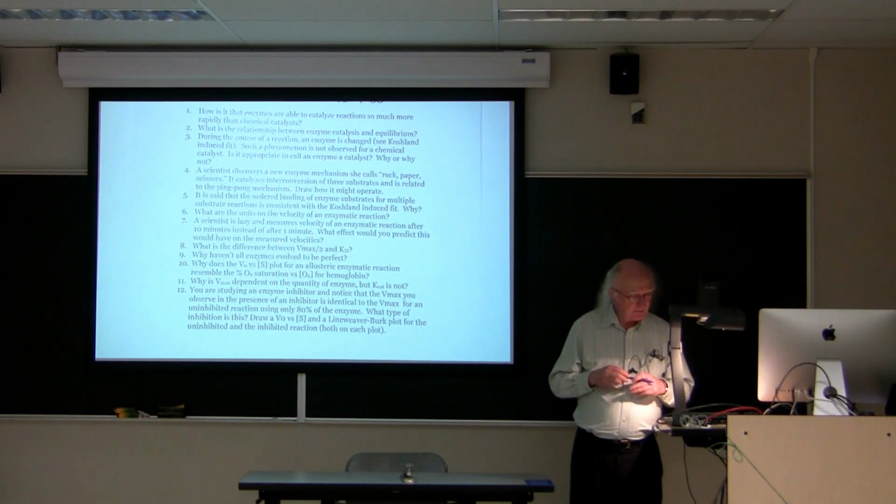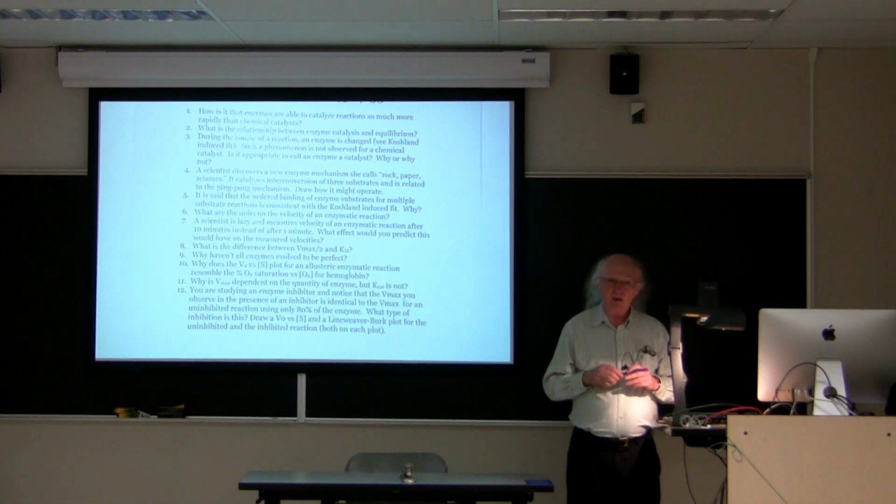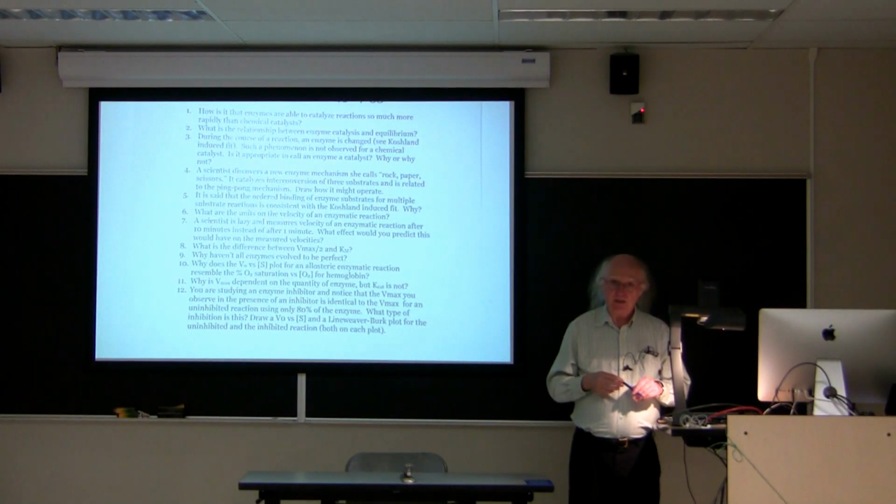Question number 9 says, why haven't all enzymes evolved to be perfect? Now, I talked about this in class, but I'll give the answer here again. I defined the quotient of kcat divided by Km, and I said this was a measure of the efficiency or the effectiveness of an enzyme.